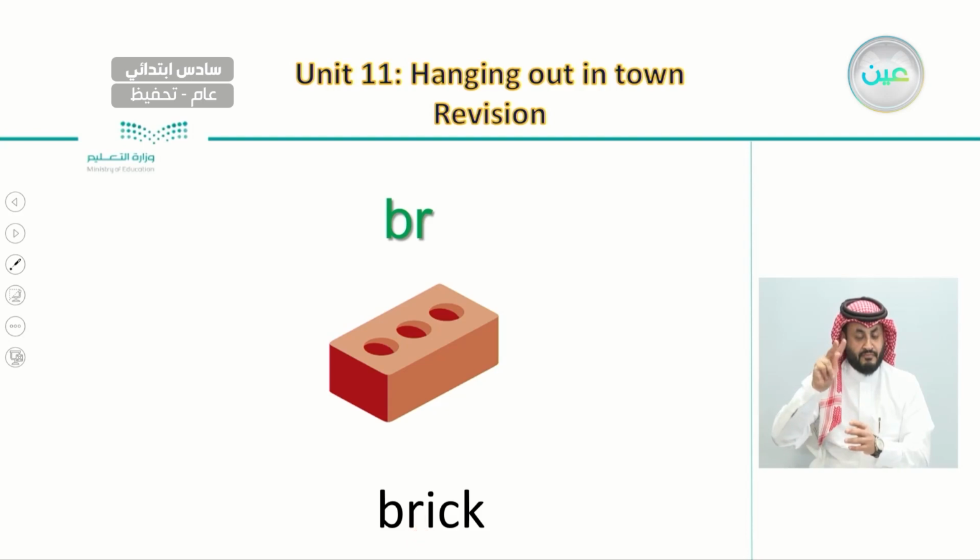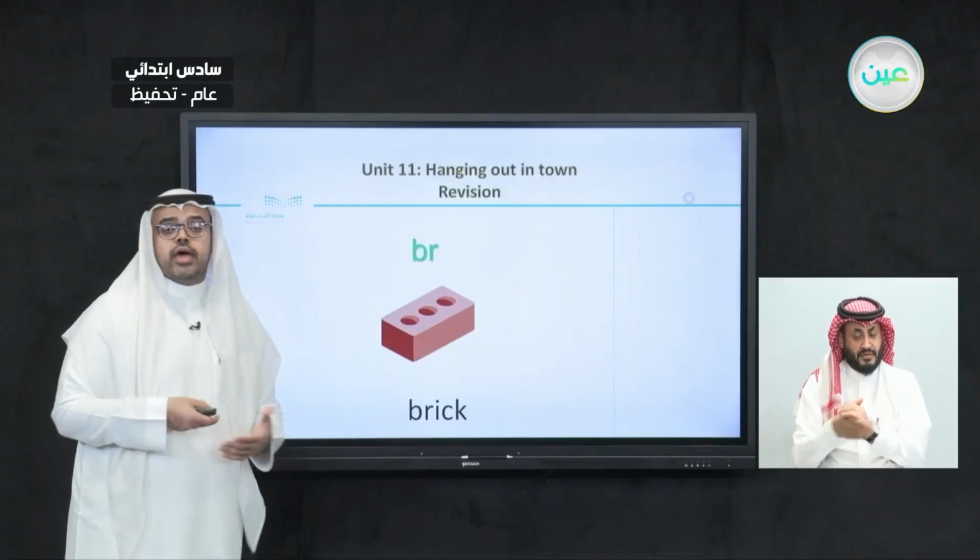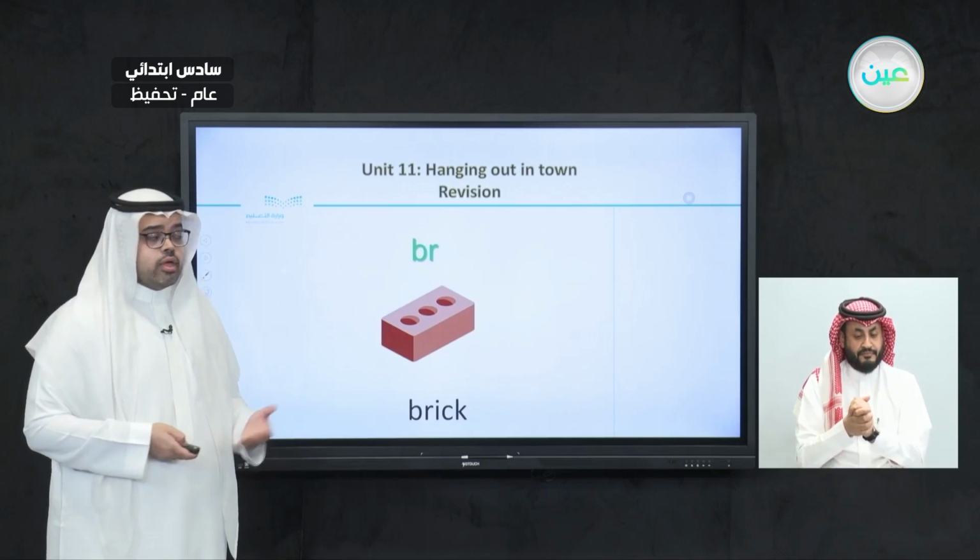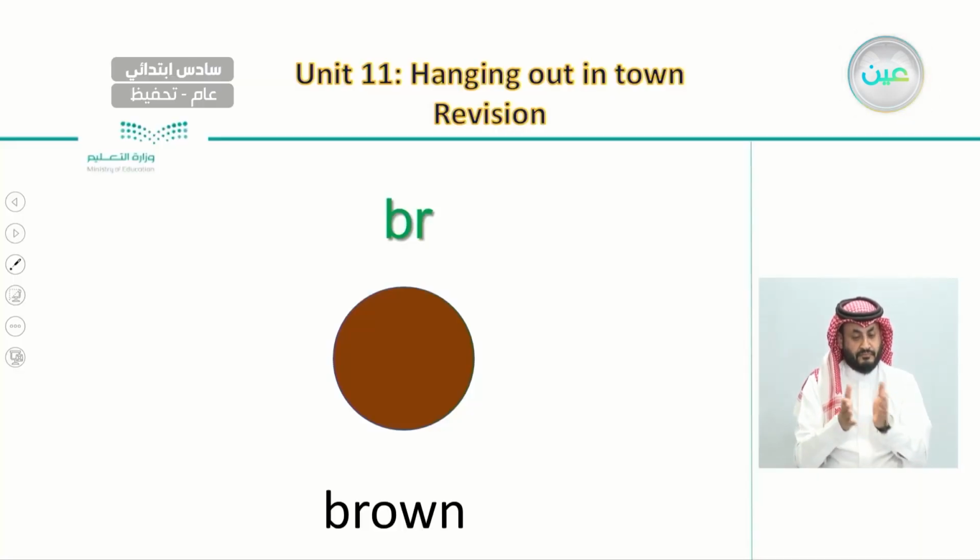Say after me, brick. A brick is a kind of stone that we usually use when building walls and houses. And the last word for the BR blend is brown. Say after me, brown.